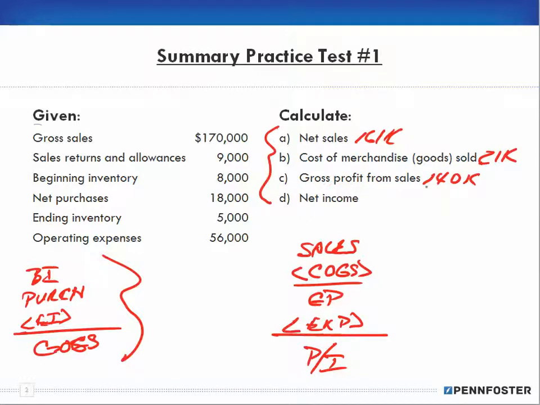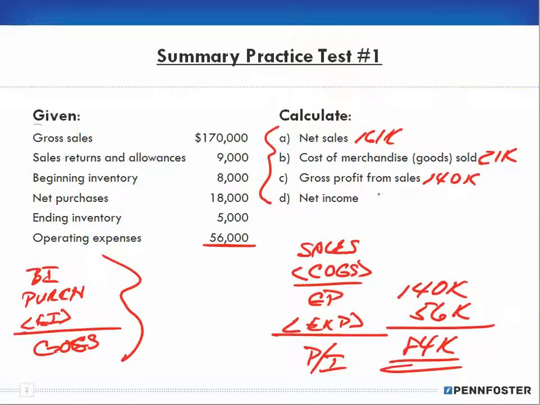Now we're going to take that gross profit, because remember, we have the gross profit here of 140,000, and in order to get our net income, we have to take out our expenses, which is this 56,000. And we end up with 84,000 as our net income, and that's the answer to D, 84,000.